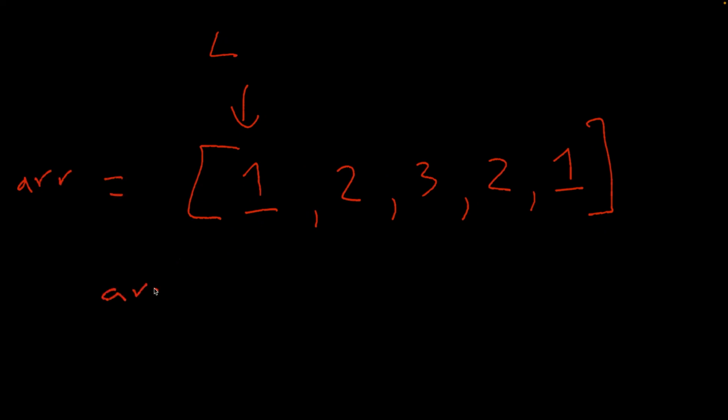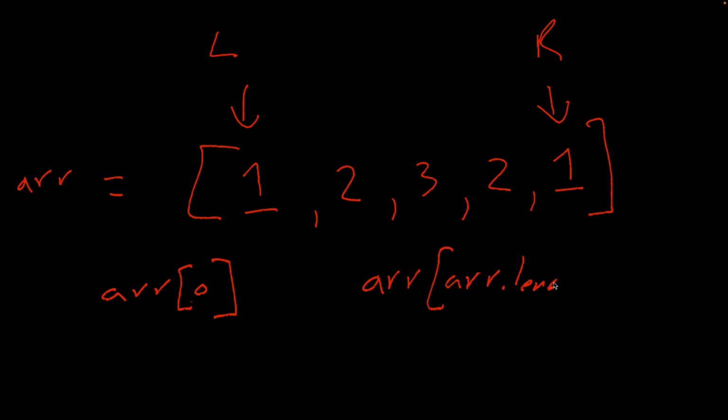So R at 0. This right pointer is R at R dot length minus 1 minus left.